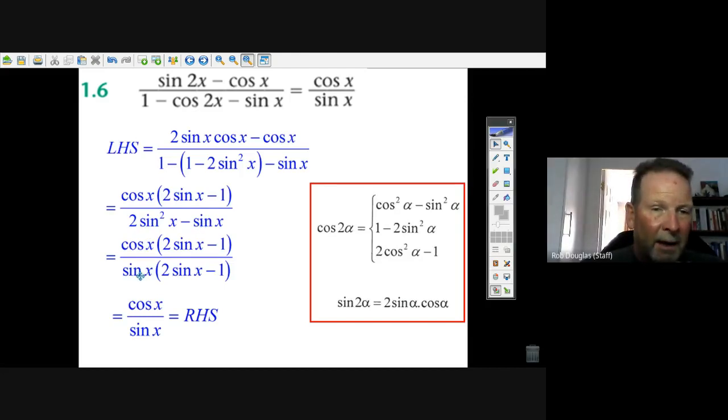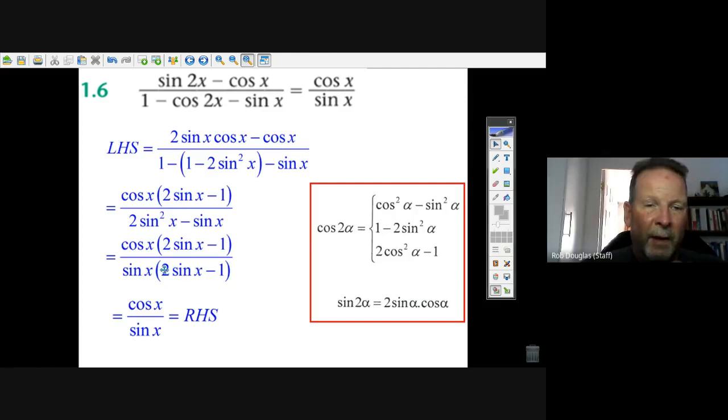So I see a sine, I put the sine x down, then I put a bracket. The only way this is going to work is if 2 sine x minus 1 is up here, it must be 2 sine x minus 1 here. And then I think, does that work? Sine x times 2 sine x, oh yeah, that's 2 sine squared x. And sine x times minus 1, that's minus sine x. So factoring, the common factor is sine x in the bottom, and you're left with 2 sine x minus 1.